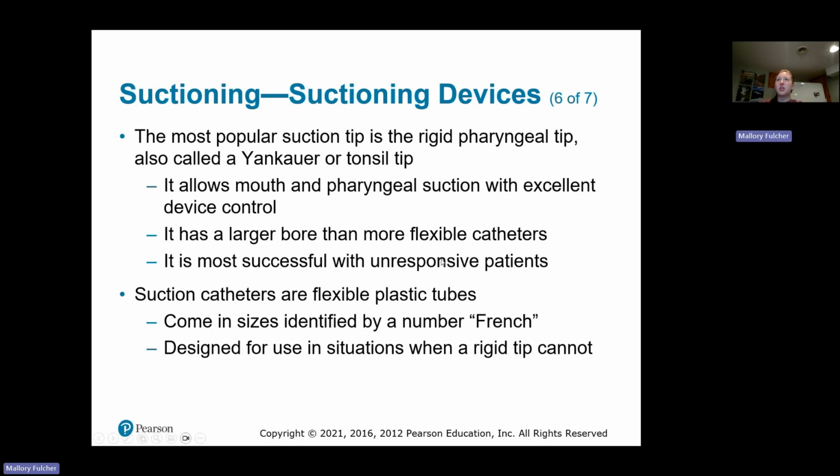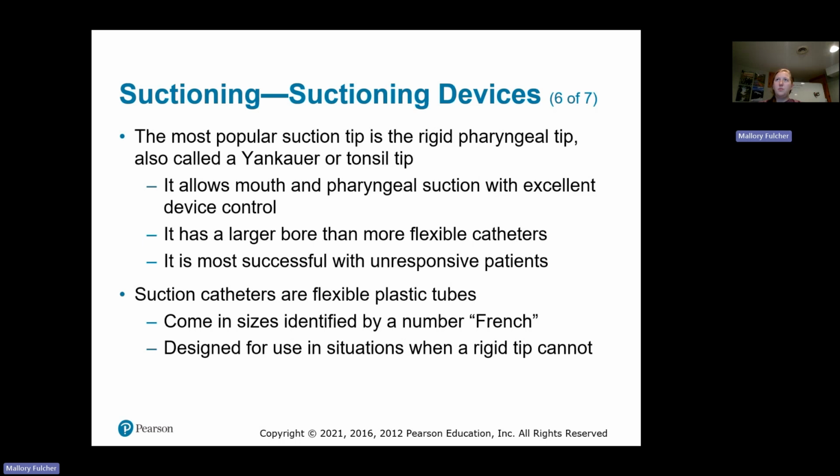Our soft suction, so we talked about the rigid suction, that's the Yankauer tip. Our soft suction comes in French. I don't know the history behind why some of our equipment is measured in French, but it's a unit of measurement. The larger the number, the smaller the diameter.